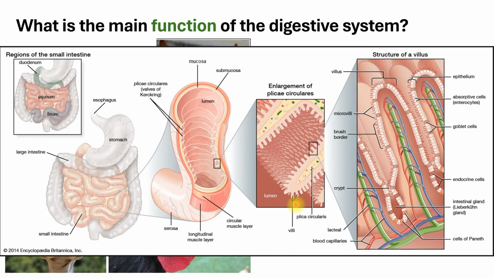Okay? So another main characteristic of the digestive system, especially for the GIT tract or alimentary tract, is the use of foldings. Okay? Again, when we see a lot of foldings, it is to increase the surface area. So in order to maximize the surface area or the contact of the food with the elements of the digestive system, foldings or folds or plicae are usually employed in the digestive system.